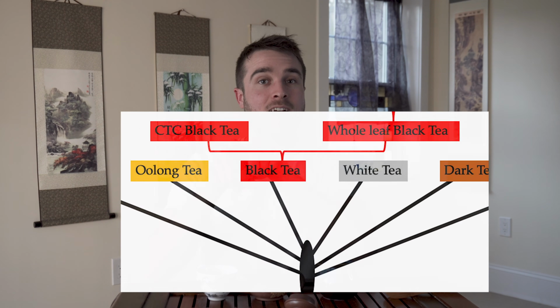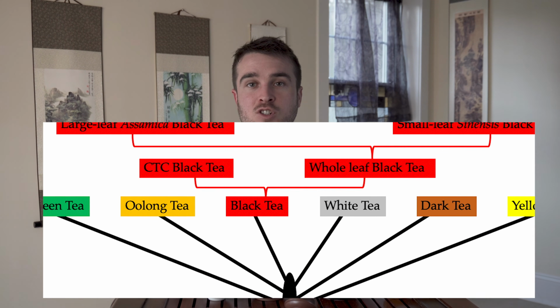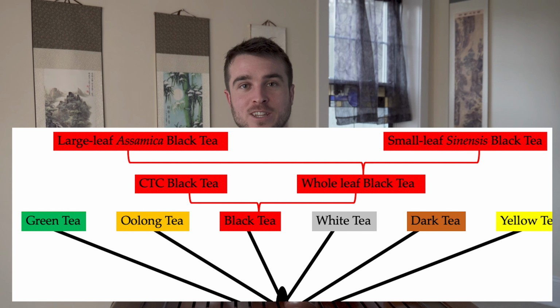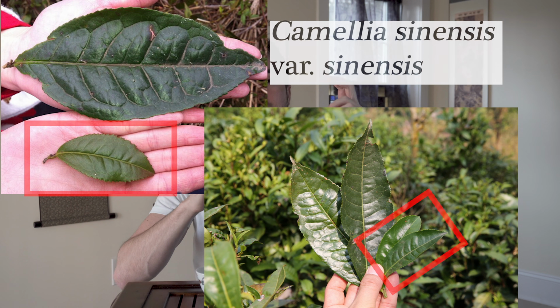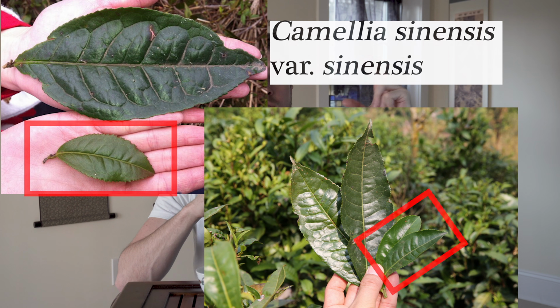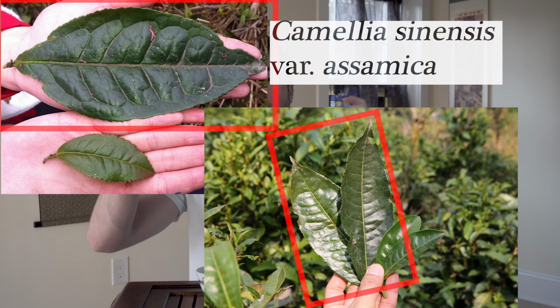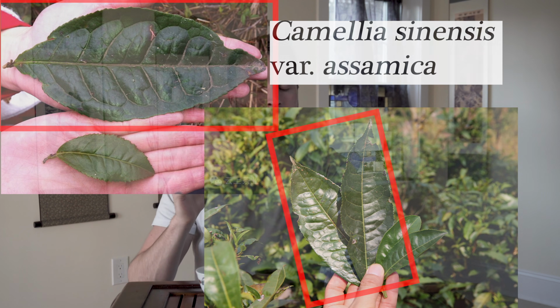Now let's go one layer down the branch here. You have small leaf and you have large leaf. So within Camellia sinensis, within this species, we have two main sub-varieties. We have Camellia sinensis, that's the small leaf type, and Camellia sinensis assamica, that's the larger leaf type. The assamicas grow closer to the equator, where it's hot and humid, right?